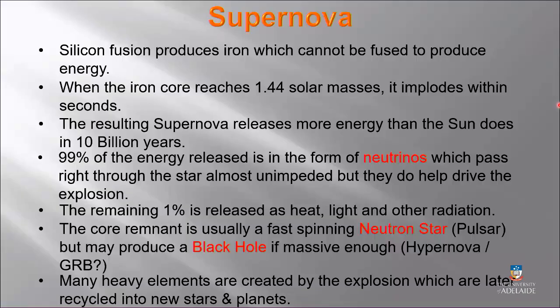So in the actual explosion itself, this does have enough energy to fuse iron and other elements, and a lot of radioactive decays then occur. So this is where elements like gold, lead, platinum, all these heavy elements, the elements heavier than iron, are created. This is the only place in the universe they are actually created.